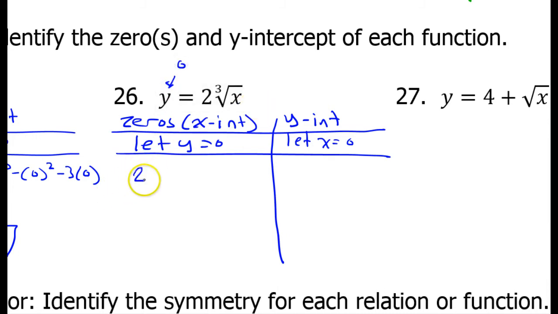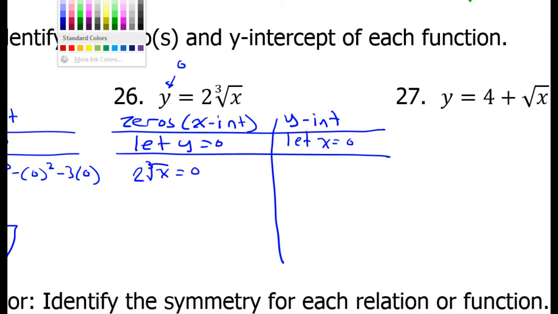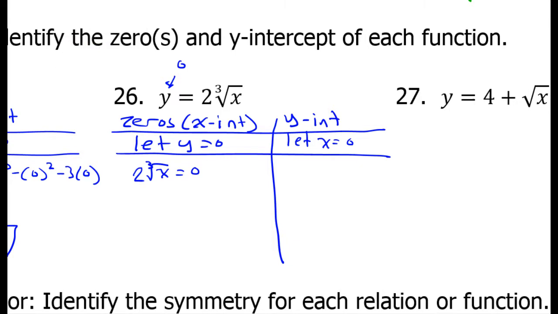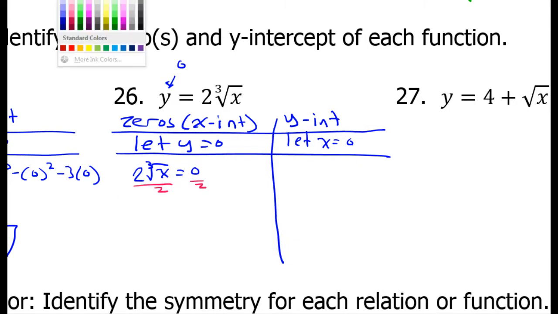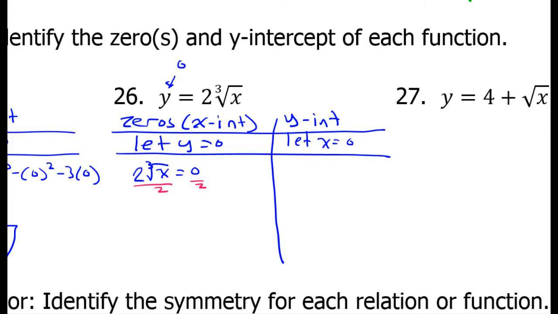So, that would be 2 times the cube root of x is equal to 0. To solve this, I'm going to divide both sides by 2. So that'll give me the cube root of x is equal to 0.